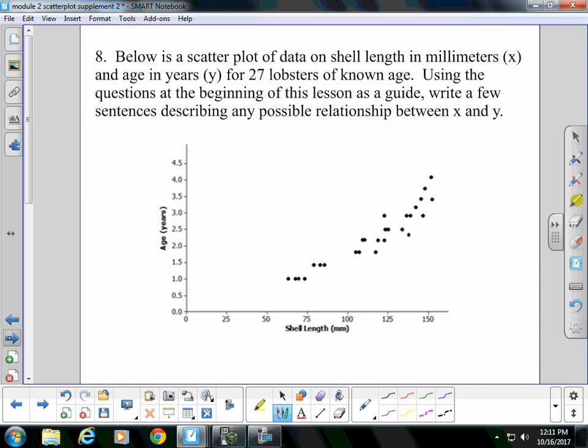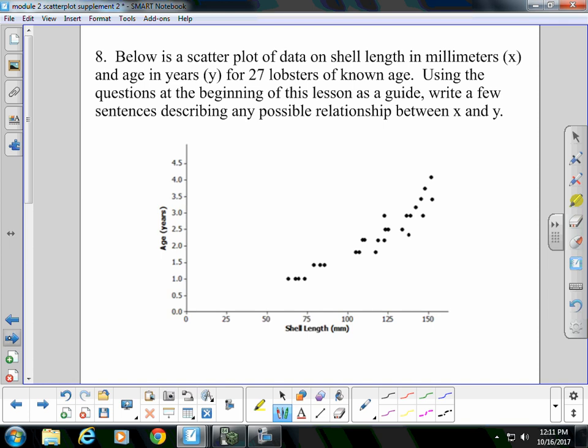Okay, here's the next one. It says below is a scatter plot of data on shell length in millimeters and age for 27 lobsters of a known age. Using the questions at the beginning of the lesson as a guide, write a few sentences describing a possible relationship between x and y.